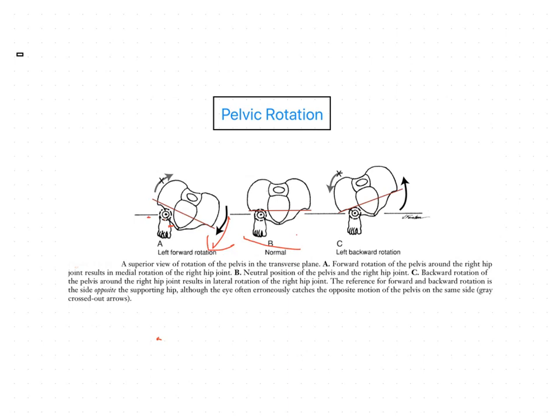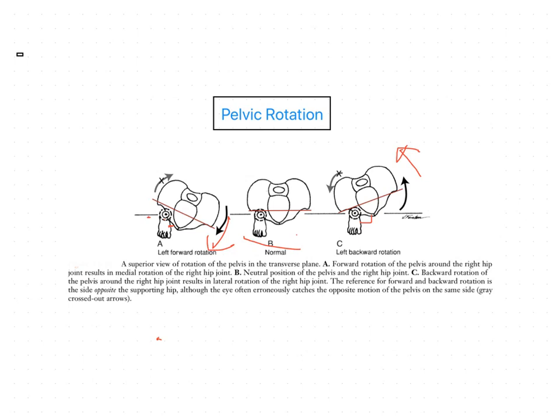We see the backward rotation of the pelvis occurs when the side of the pelvis opposite to the supporting hip moves posteriorly, which causes posterior pelvic rotation. This type of posterior rotation of the pelvis produces lateral rotation of the supporting hip joint.